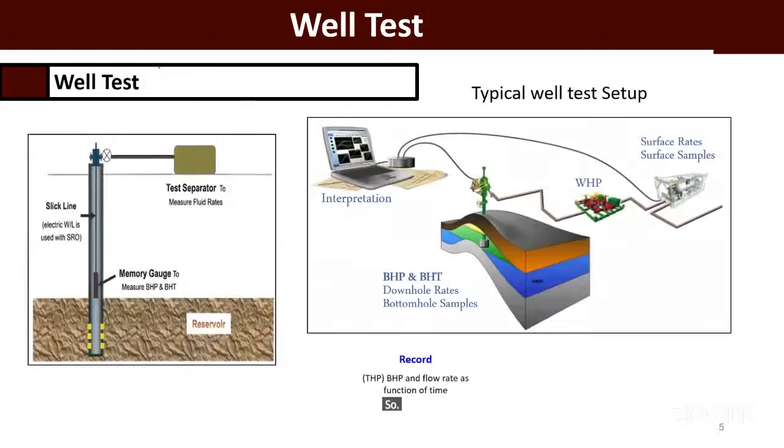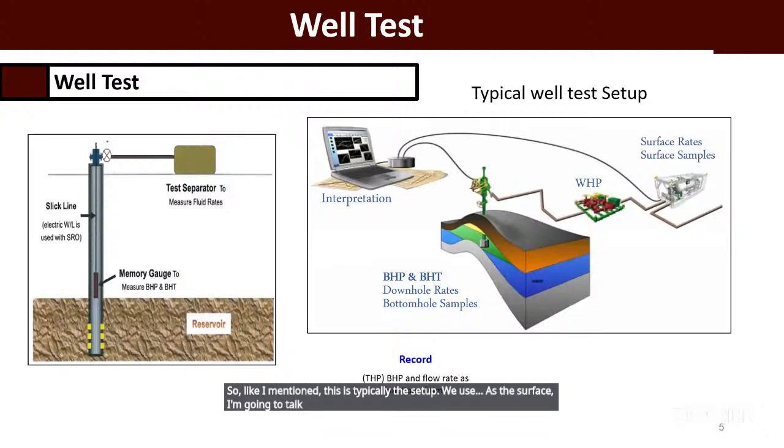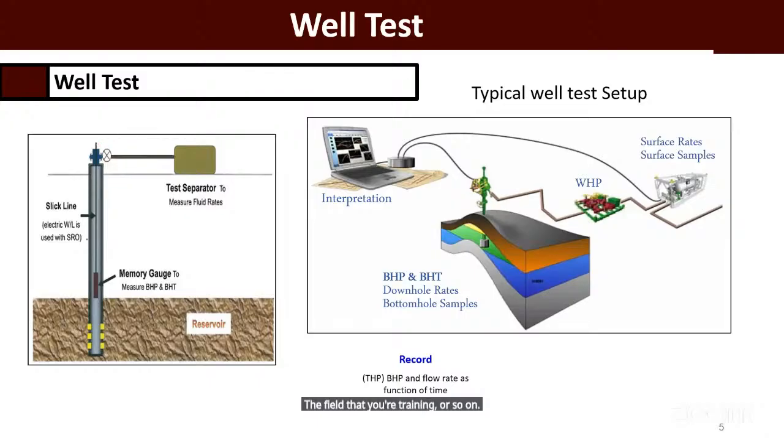So, like I mentioned, this is typically the setup we use at the surface. I'm going to talk about some of it, as I think some of you visited the field during training or so on. So we use a slickline to put a memory gauge to measure the bottom hole pressure and temperature, installed in the completion using a slickline tool.